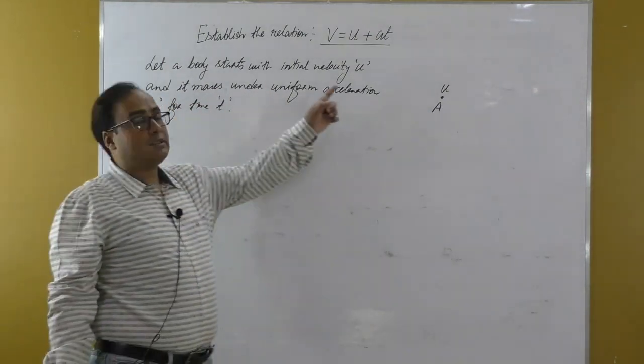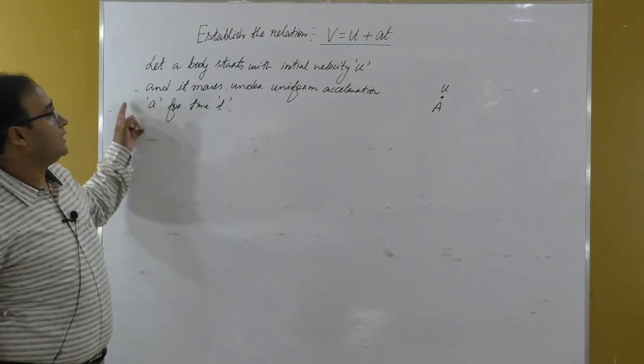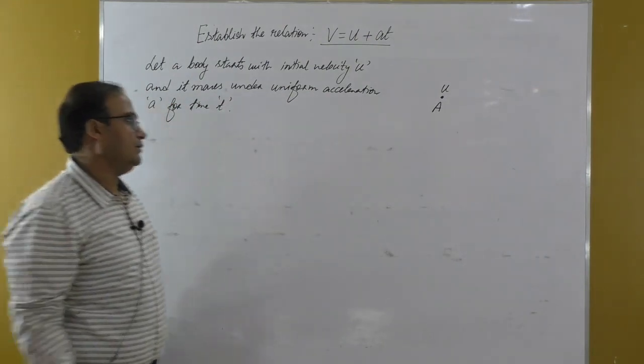So the initial velocity is u and the body moves under uniform acceleration a for time t.